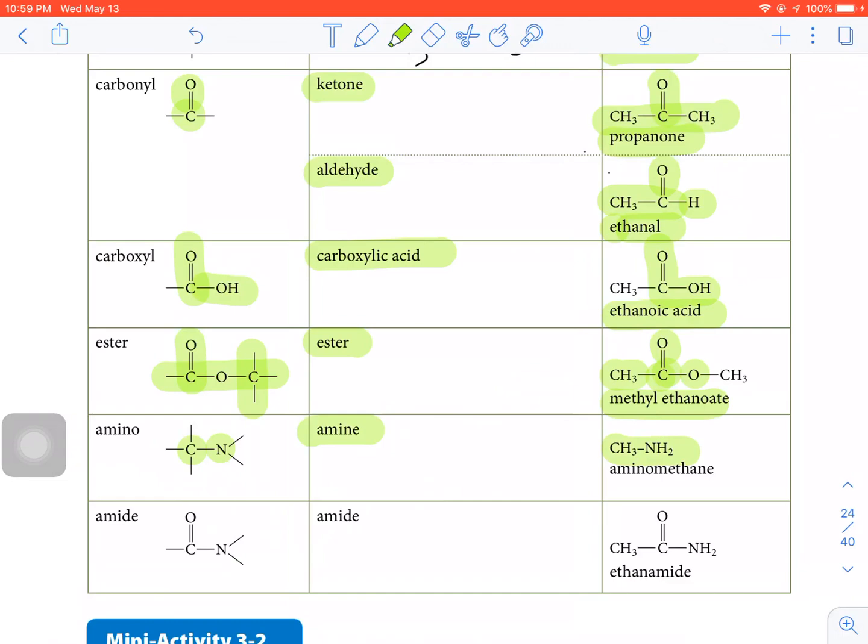And then the very last group, again, if you take biology, we talk about a group of chemicals called proteins. Proteins are the machinery of life. And to build proteins, we need to form a chemical bond called an amide bond. The amide bond is this one here. It's the one that holds amino acids together.